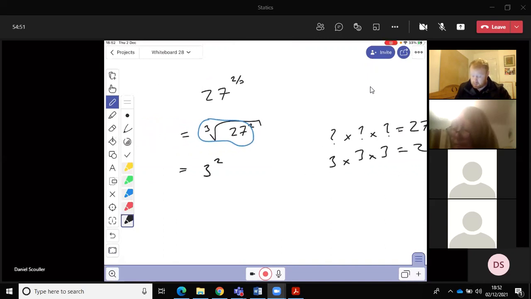So we're left with 3 squared, which is nice and easy, 9.